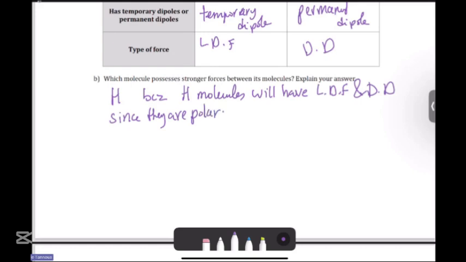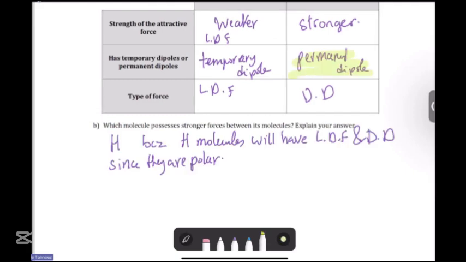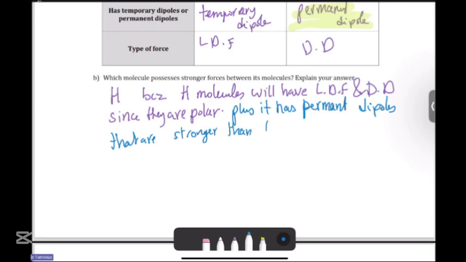By just mentioning what the intermolecular forces in a compound are, you are ranking it, ordering it, whether it's strong or weak. Plus, here we're talking about permanent dipoles, here we're talking about temporary. Plus, it has permanent dipoles that are stronger than the temporary ones.